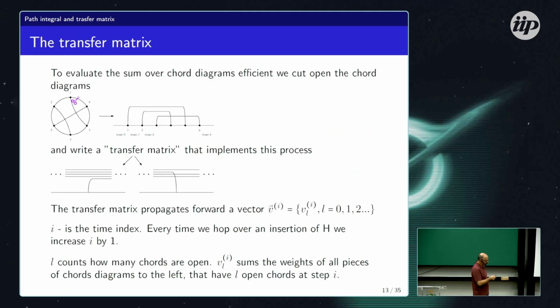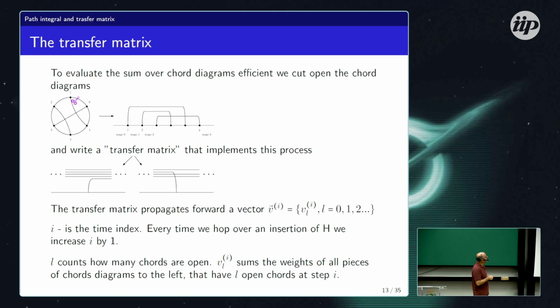So we have this chord diagram, and we basically need to find some useful technique to evaluate it. You cut it somewhere and you start, say, going counterclockwise, and each time you can kind of sprout a chord or absorb a chord, okay?